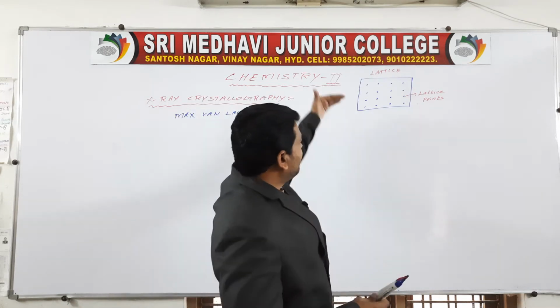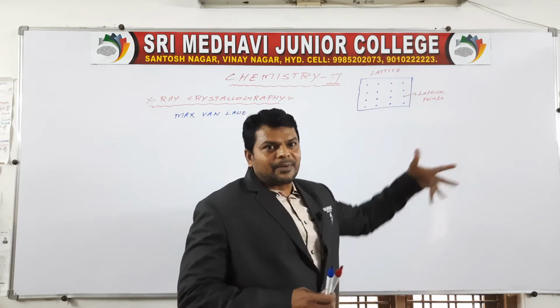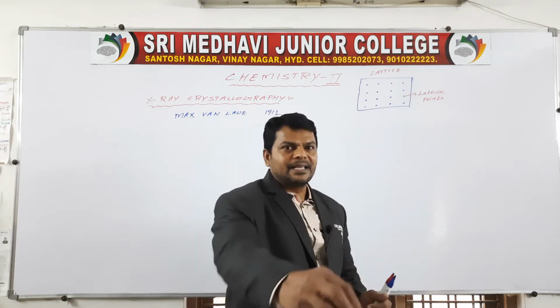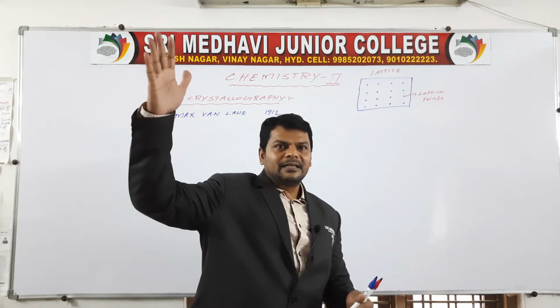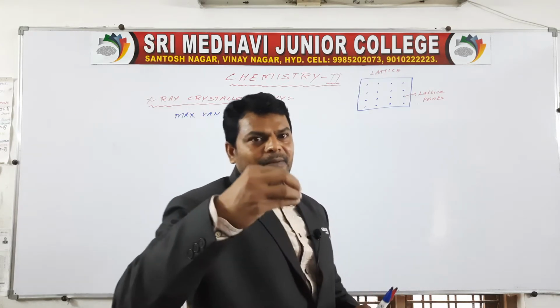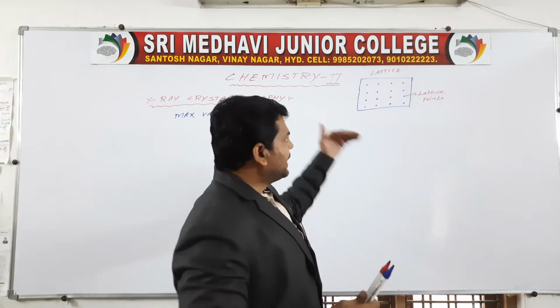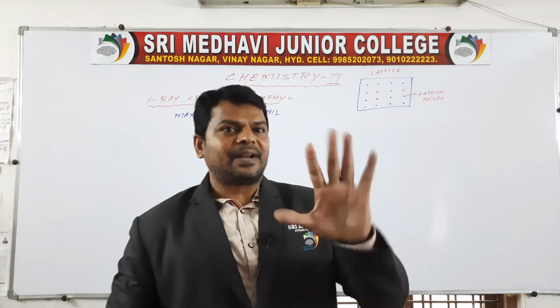When light falls on the crystal, it is an incident light, and it touches the points and comes back, that is, it is reflected. That incident light reflecting is nothing but diffraction.